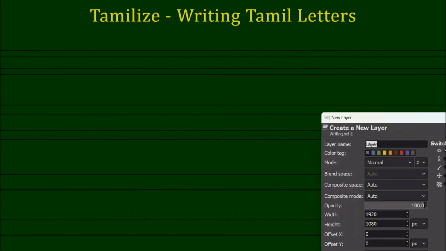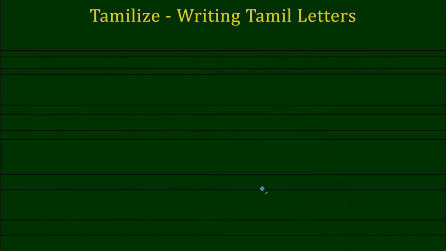Now we'll move on to the next two letters, the next hard consonant, soft consonant pair, which is cha. So this cha, ich, right? Now this cha actually has three sounds in Tamil.